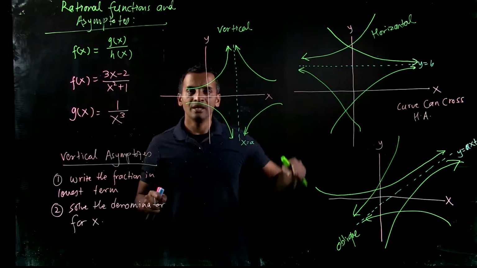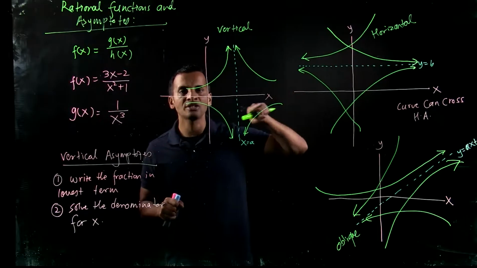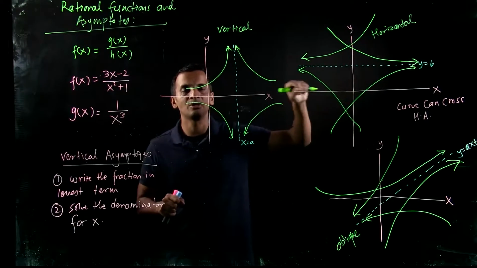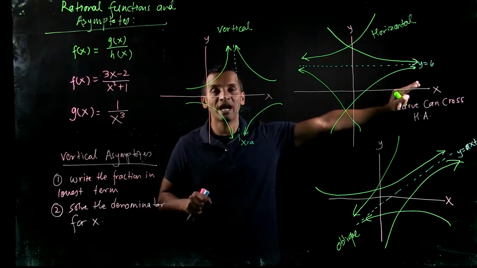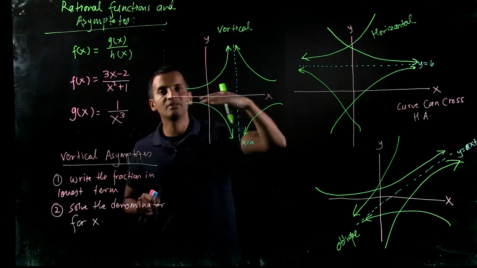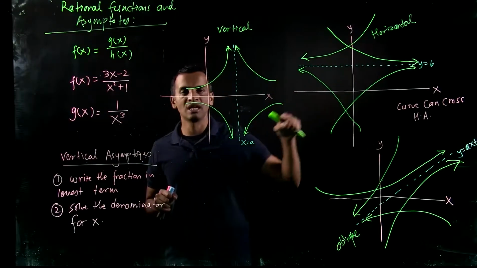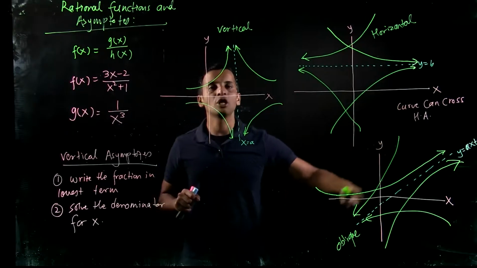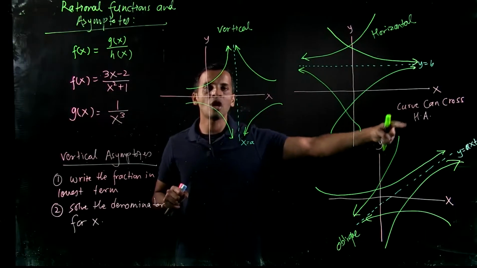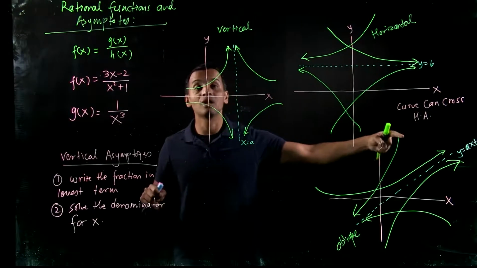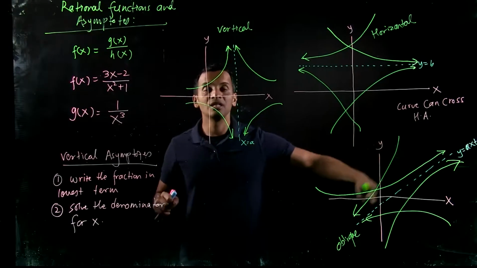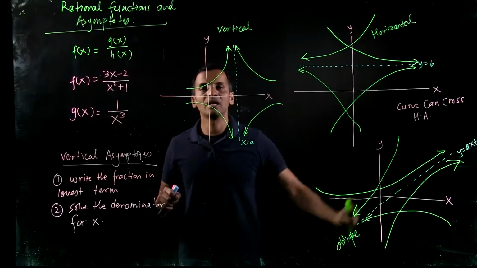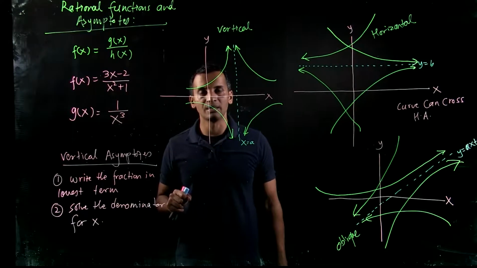So the horizontal asymptote is when the graph gets closer and closer to a horizontal line as you go to the extreme right or extreme left. Similarly, if the graph is approaching a non-horizontal, non-vertical line, a slanted line, we call it an oblique asymptote.